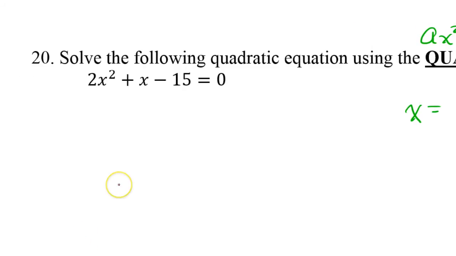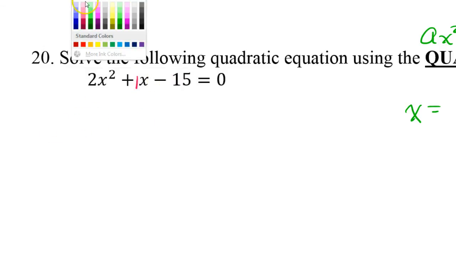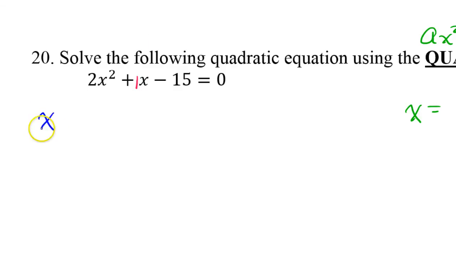So anyway, for this problem, you see your a, your b, and your c. You know b is 1. So when I begin to do the problem, I'm going to start off with x equals.